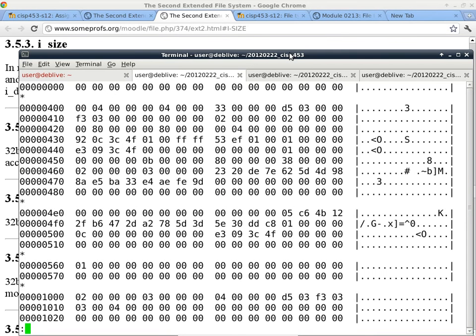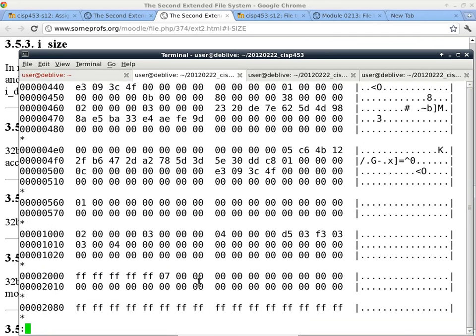Do we know what is the first entry in the superblock? I mean the inode. What is the first inode structure of the entire file system? We know this is the beginning of the inode table. We know that an inode table has how many bytes again? 128.